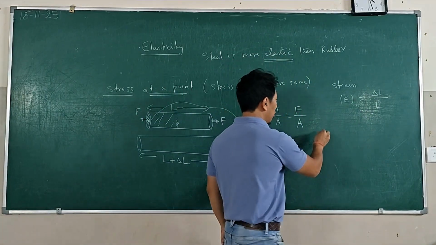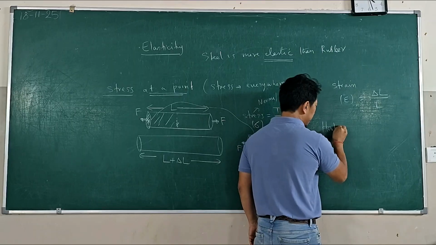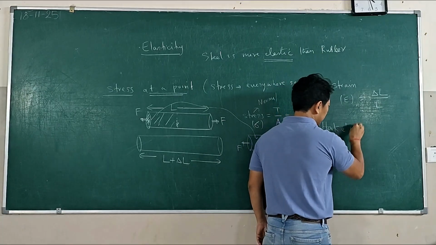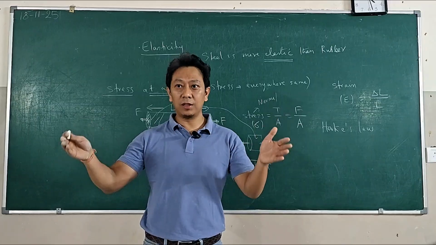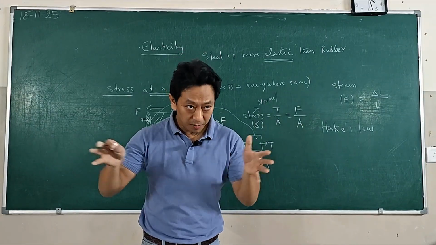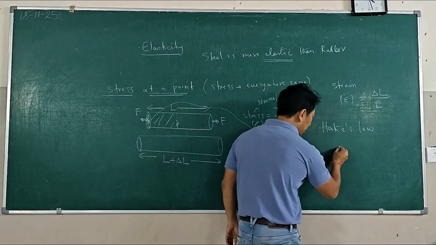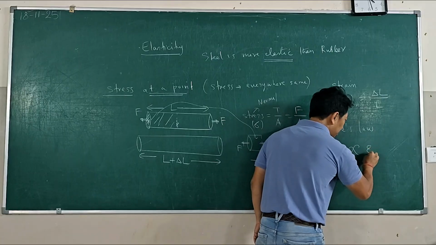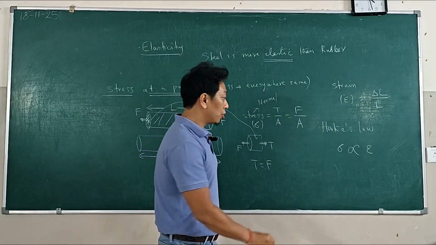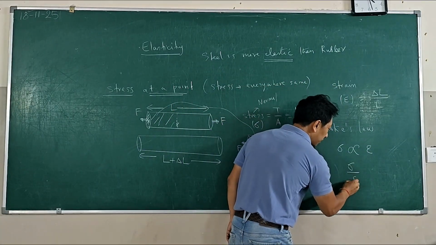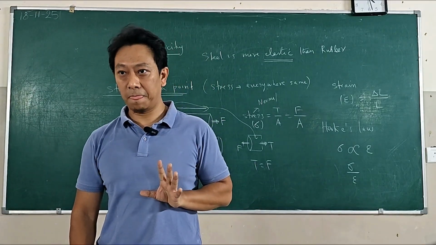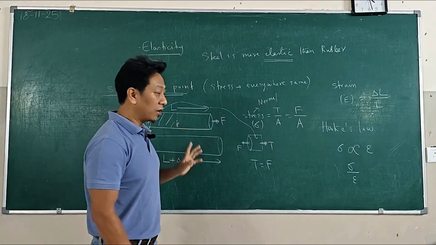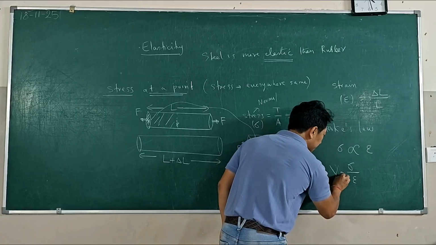Now there is a law called Hooke's law. Hooke's law says within elastic limit, matlab within the point where the body will go back, the stress is directly proportional to the strain. So ratio will be what? Constant. That constant is called modulus of elasticity. In the case of this rod, it is called Young's modulus.